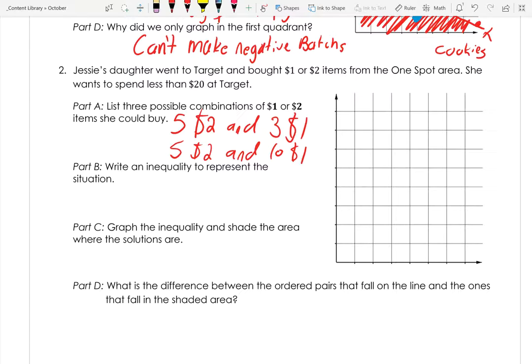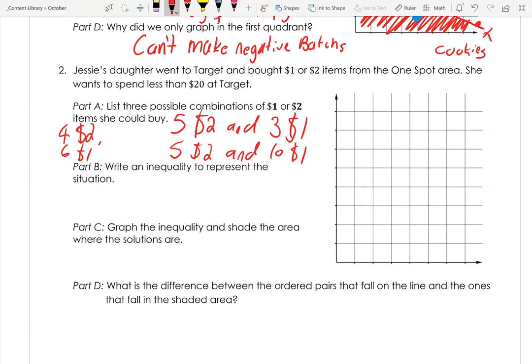Or just say maybe, I guess 4 $2 items and 6 $1 items. So that would be $14, but that's cool. All right, so there's just a couple possibilities. There's obviously a lot more, but that's just 3 that we came up with or we made up.